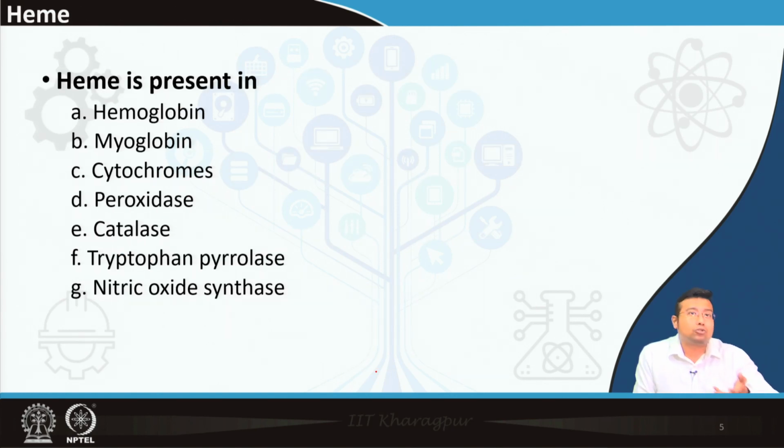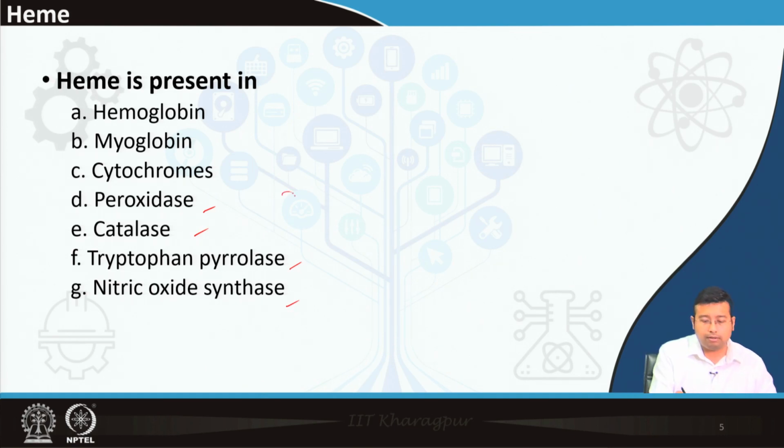Why do we need to know so much about heme? Because heme is not only present in hemoglobin, it is also present in myoglobin, cytochromes, and enzymes like peroxidase, catalase, tryptophan pyrrolase and nitric oxide synthase.